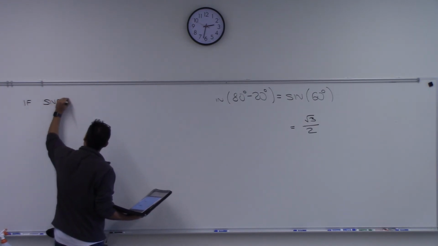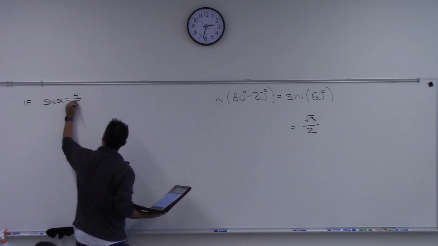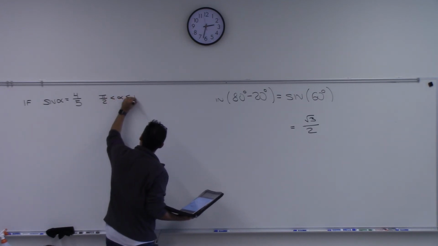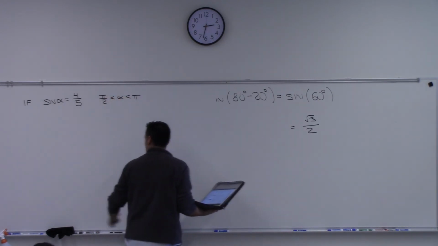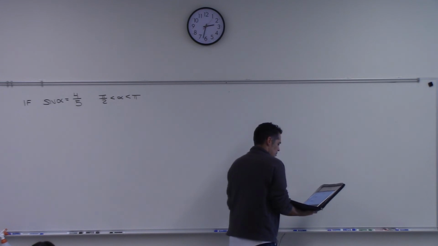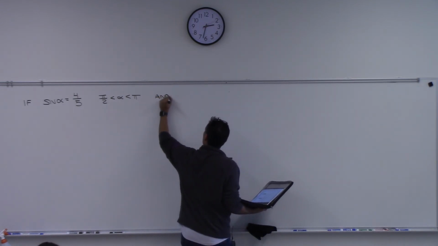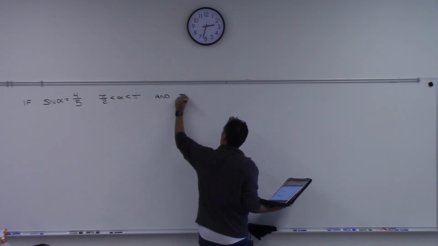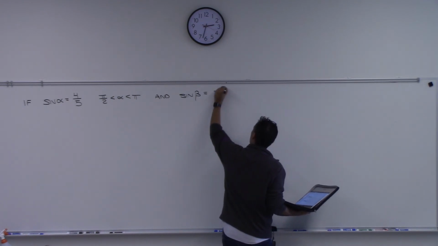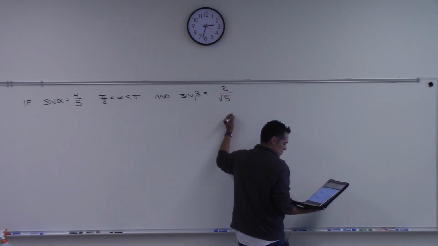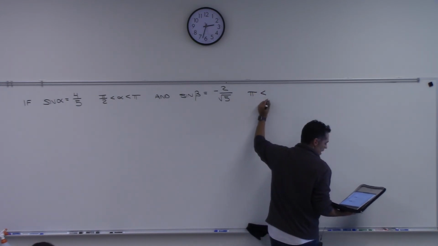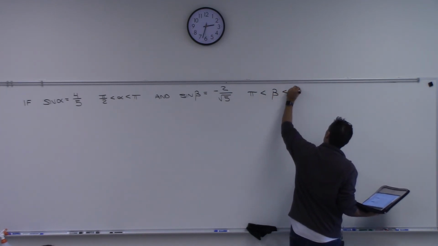If sine of alpha is equal to 4/5, and I tell you that pi over 2 is less than alpha is less than pi, just hang tight, this is going to look terrible. And I tell you sine of beta equals -2 divided by root 5, with beta bigger than pi but less than 3 pi over 2.